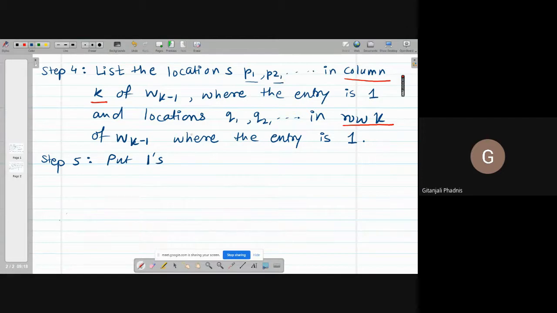So put ones in all the positions Pi, Qi. You may write this as Qj, no problem. Actually, let it be Qi of Wk.